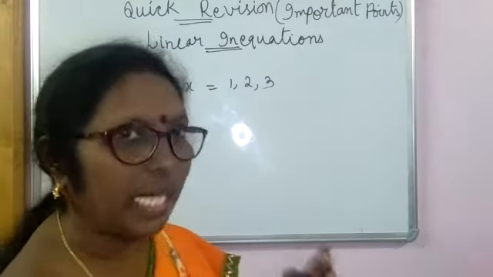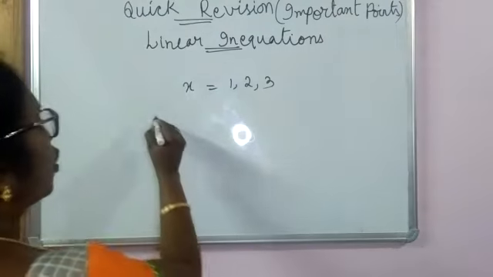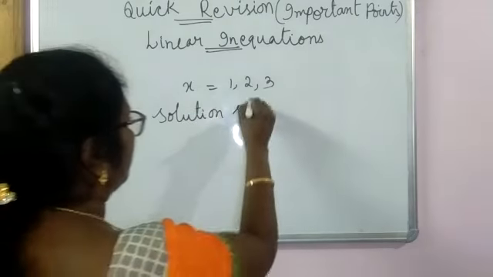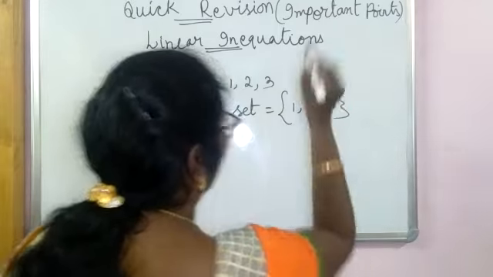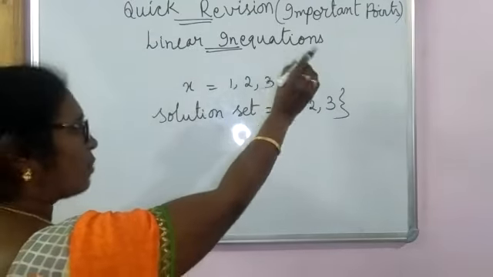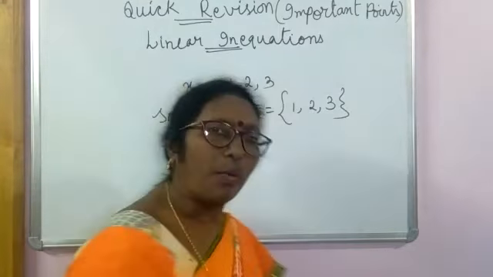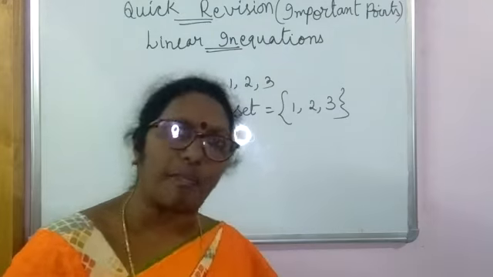The elements of the set are to be enclosed within curly brackets. So you have to write that the solution set is {1, 2, 3}. This is the solution, value of x, but when solution set is asked, you have to write like this. And graph the solution set on a number line.